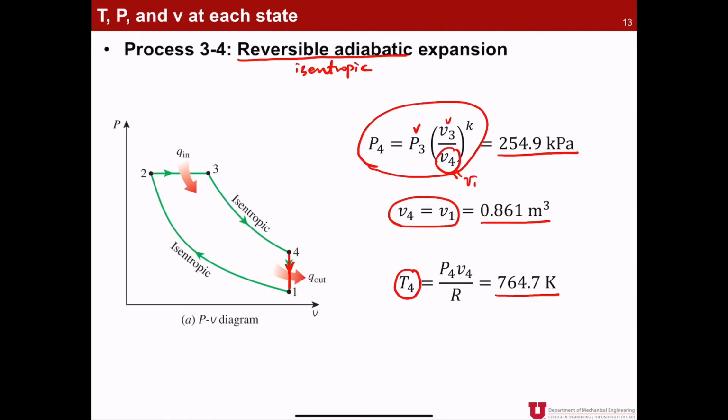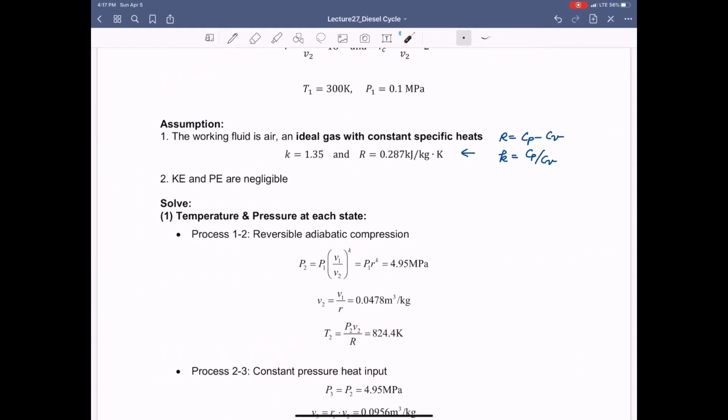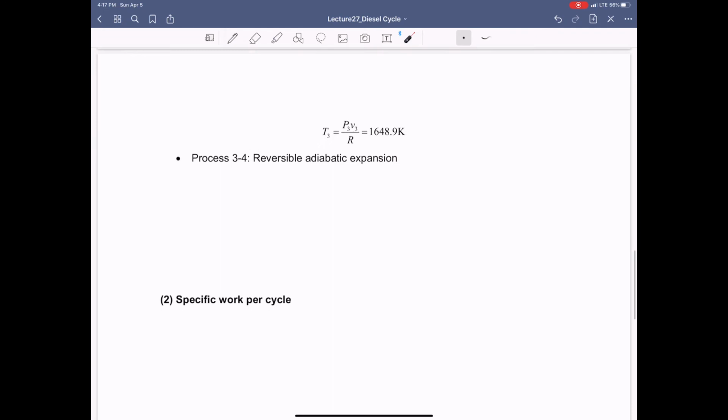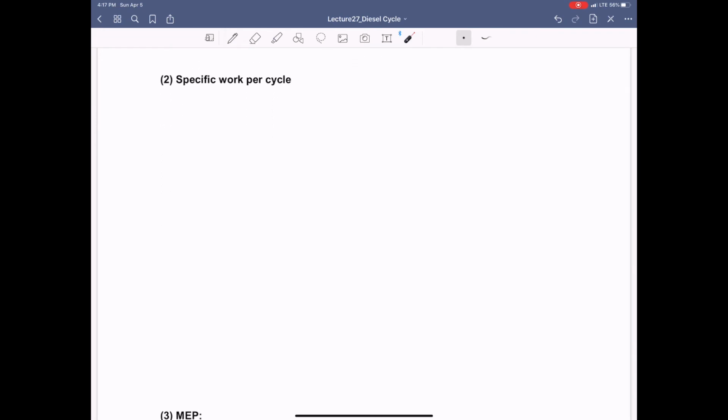Okay, now let's move back to the lecture note. Based on all values of pressure and temperature at each end of process, how can you calculate the specific work per cycle?